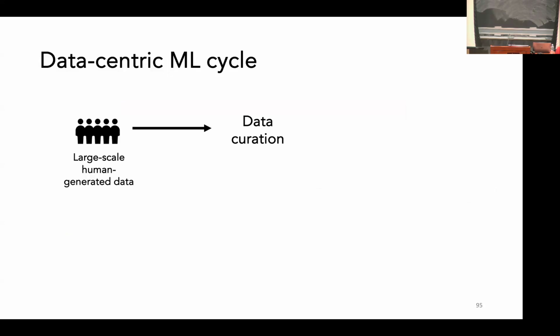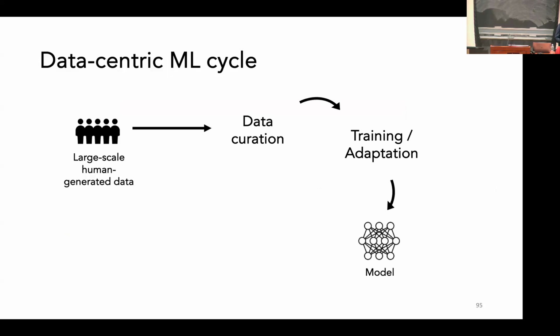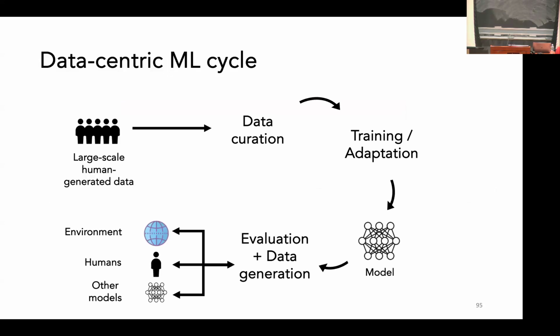I envision a new data-centric machine learning cycle, which starts with the same steps, but extends it to do large-scale and adaptive evaluation and also data generation with the model with the help of interaction with an environment, humans and other models for a source of external supervision, to be able to close this loop and create a cycle of self-improvement with less reliance on human-generated data.